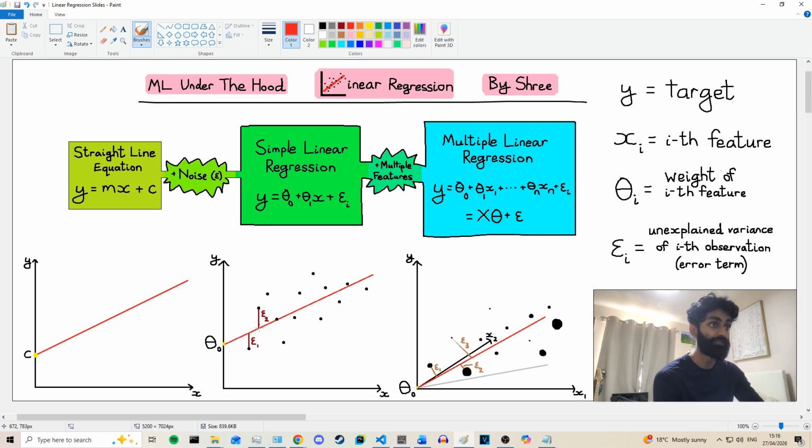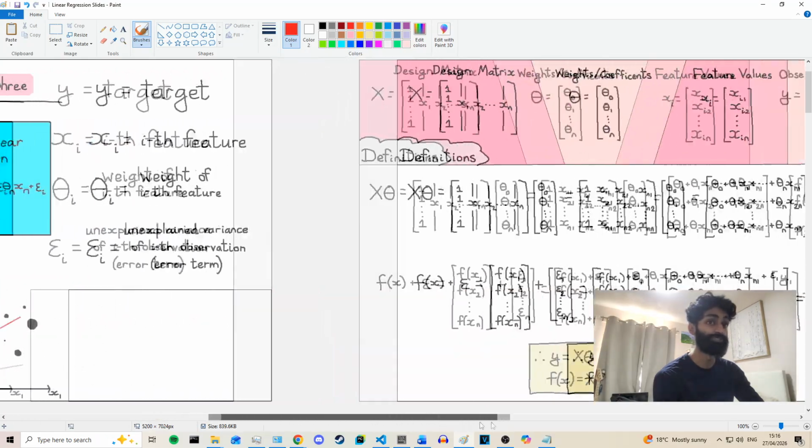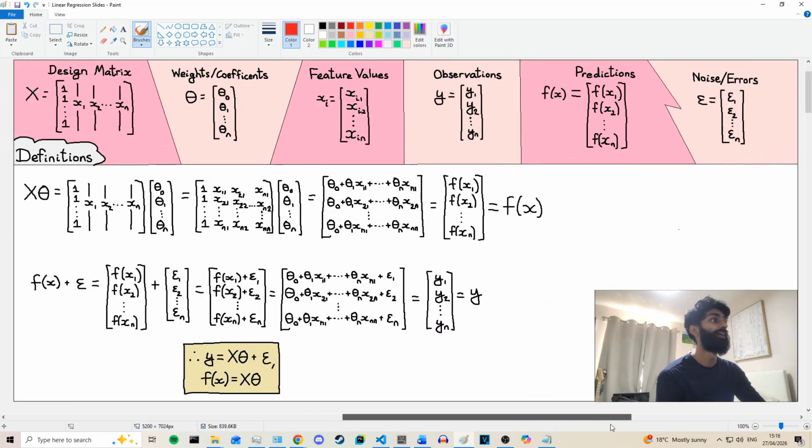So here you have epsilon 1 being the difference between black, our actual data point, and where it lies on our predicted relationship, f of x. So the difference between f of x and y is just epsilon. It's just the noise that differentiates the two, between prediction and true value. And so we have epsilon as a column vector, including all of our errors for all of our data points.